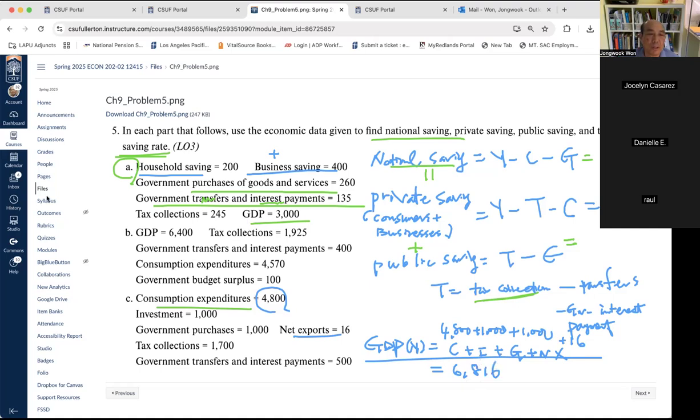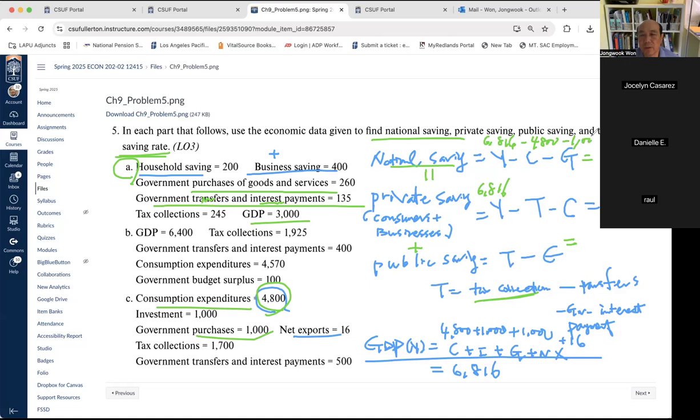Once you know the GDP, you plug in 6,816. You know the consumption is 4,800 and the government purchase is 1,000.